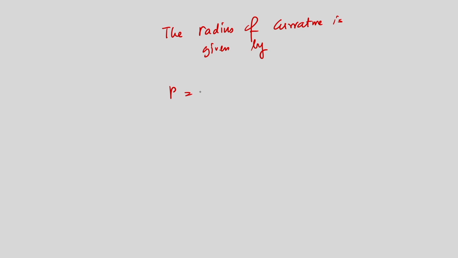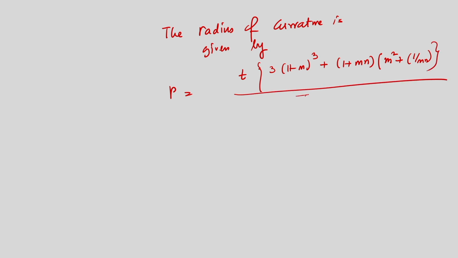I am not going to derive this, but it will be given as 3 into 3 into (1 plus m) cube plus (1 plus mn) into (m square plus 1 upon mn), divided by 6 into (alpha 2 minus alpha 1) into (T minus T naught) into (1 plus m) square.